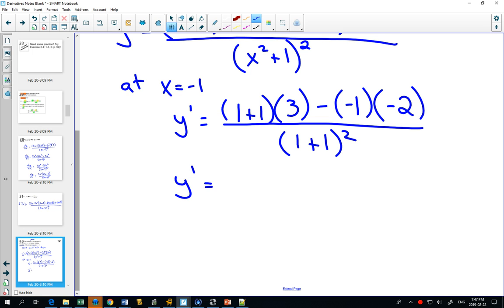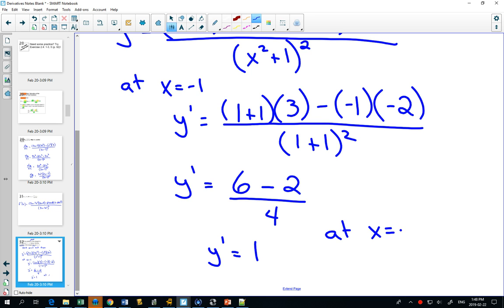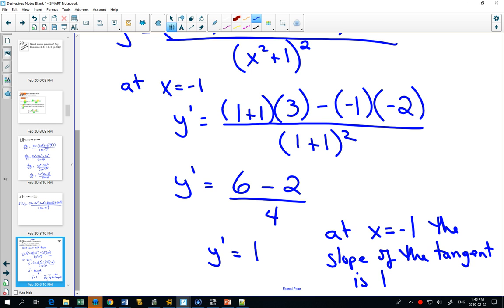So if I multiply this out, I'm going to get 6 minus 2 over 2 squared is 4. And if I write it out in words what this means, at x equals -1, the slope of the tangent to that curve is equal to 1.